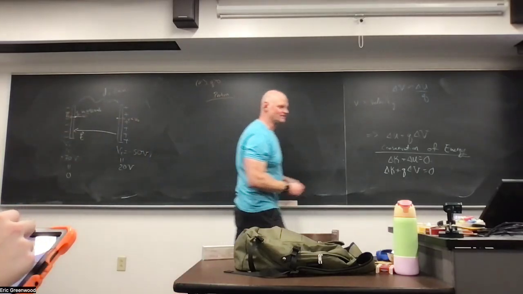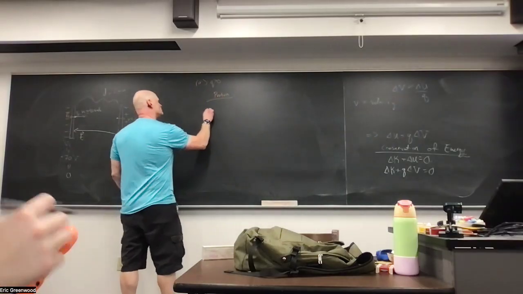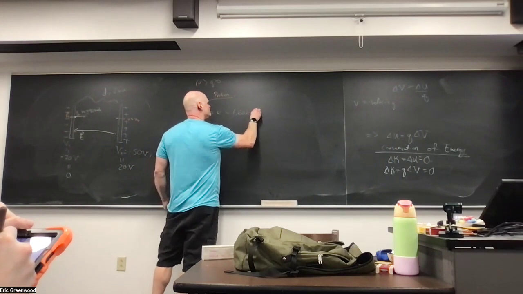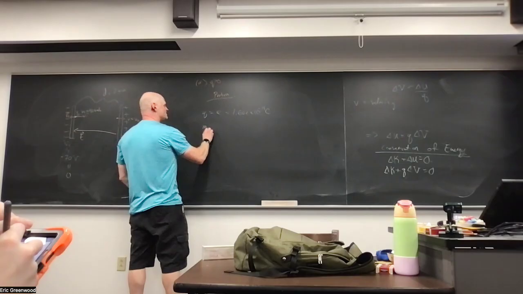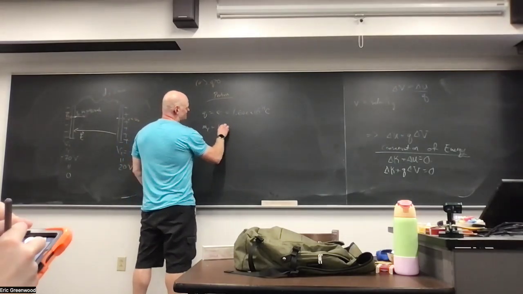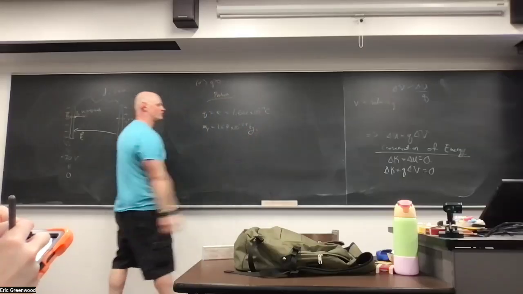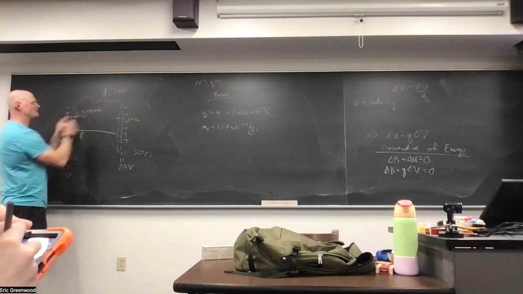So this guy has to have a positive charge, so then it has to be a proton, which means that the charge then is going to be the fundamental charge, which is 1.602 times 10 to the minus 19 coulombs. And the mass then is going to be the mass of the proton, which is going to be 1.67 times 10 to the minus 27 kilograms.